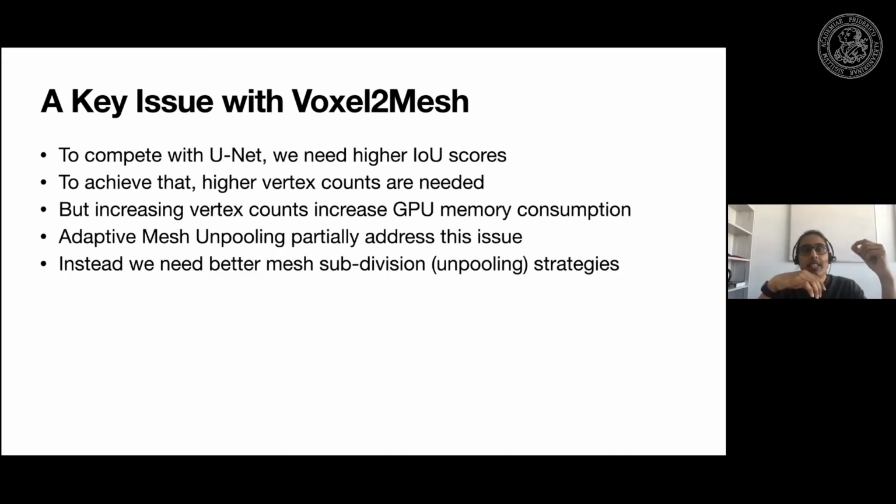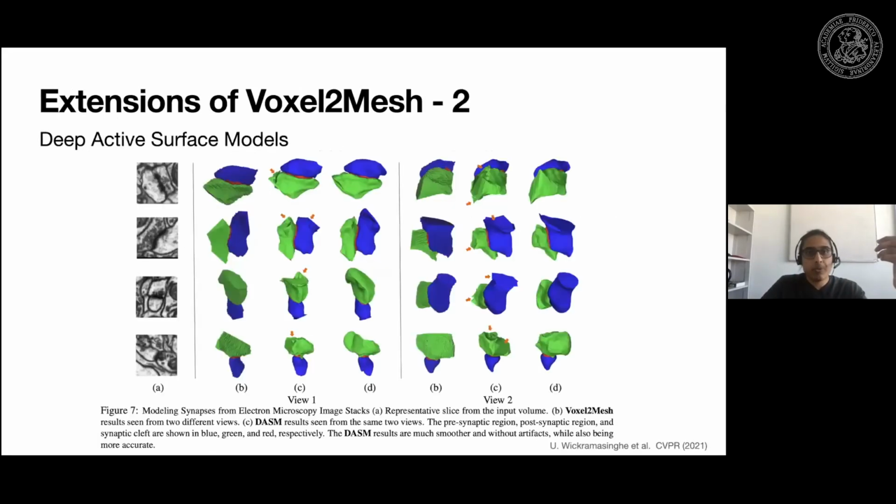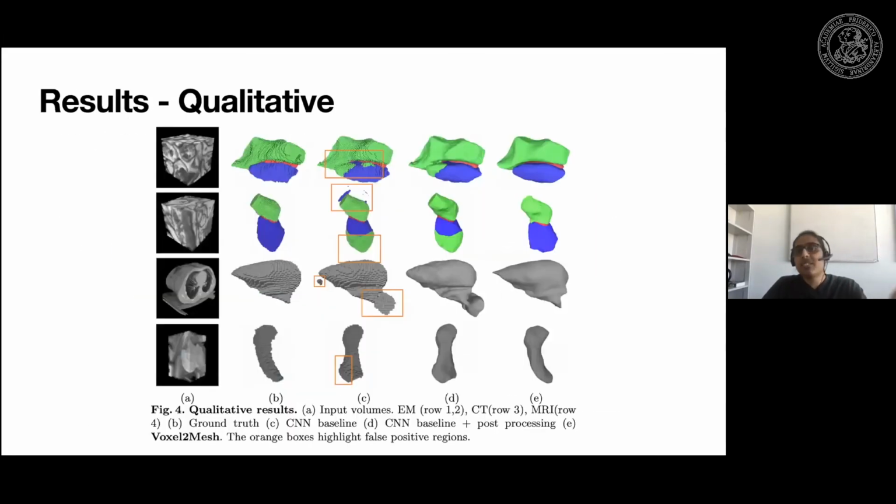So the thing is, increasing the vertex count has to be done in a much more intelligent way. At the moment, even the adaptive mesh unpooling is not good enough, in my opinion. In these cases it gives the edge because the UNet is making these crazy mistakes.